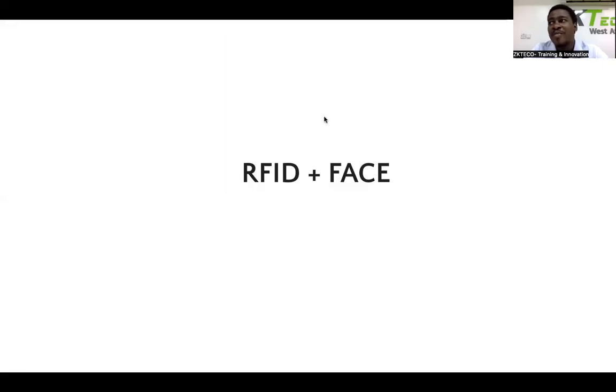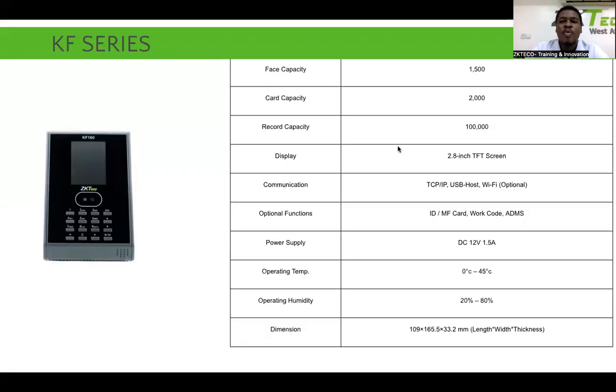So let's talk about devices with RFID plus face. We have the KF series. In the KF series, we have the KF160 and the KF460. We are talking about devices that support both RFID, that is the card, and the face. We also have the eFace 10, although I didn't have that.